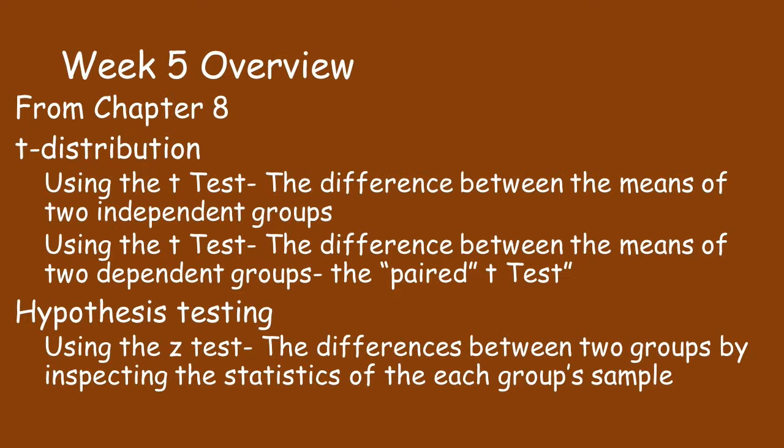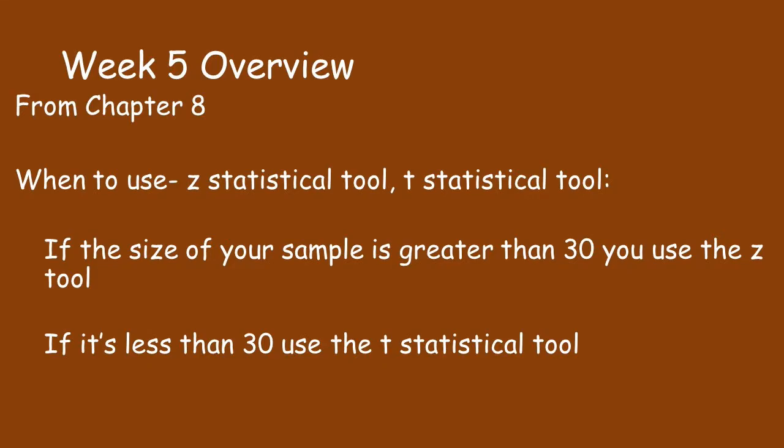Now, you may get a little confused about when to use the z statistical tool and when to use the t statistical tool. I found a video that explains it quite well, so you can watch it for a fuller explanation. But here's a little hint that comes out of that video and out of the statistics books that I have as well. If the size of your sample is greater than 30, you use the z tool.